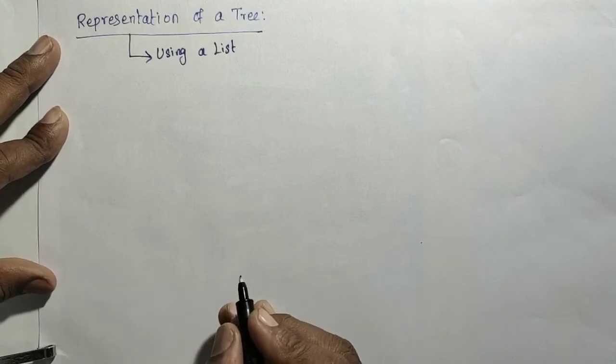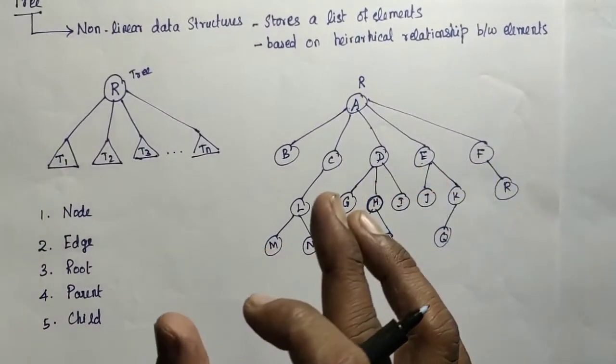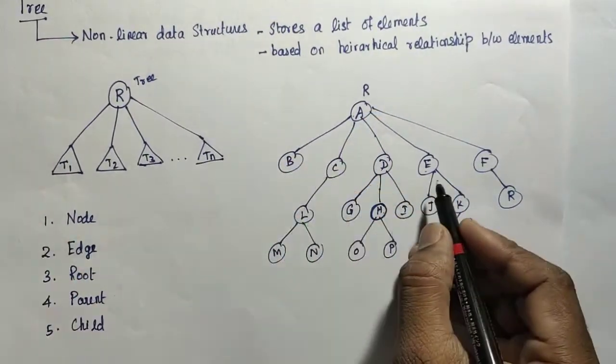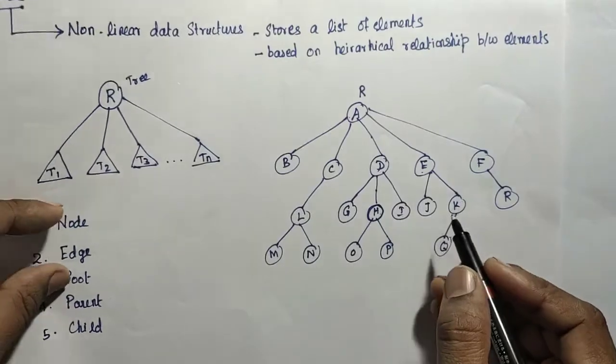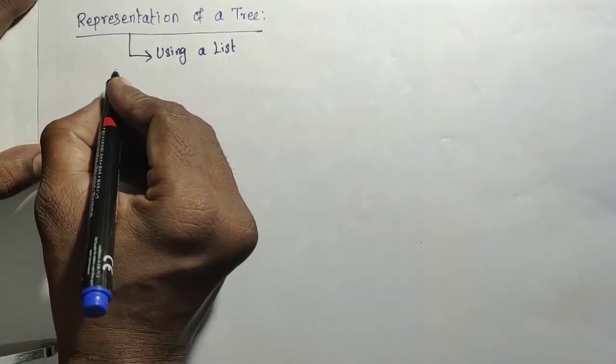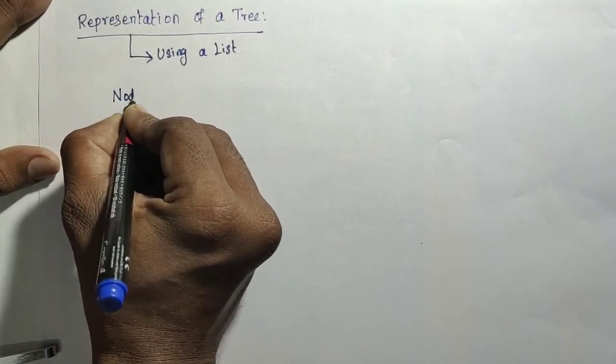Using a list means, for example, if you are considering this tree here, each node has children, correct? It is called the tree node actually.